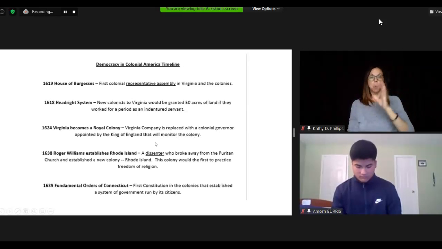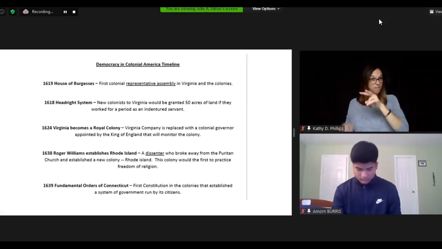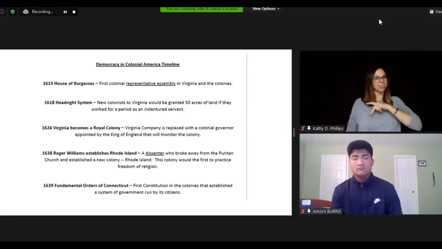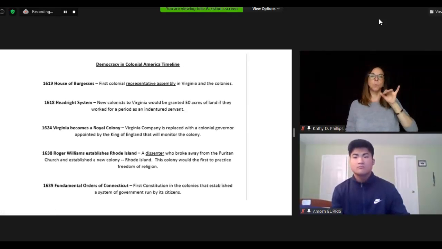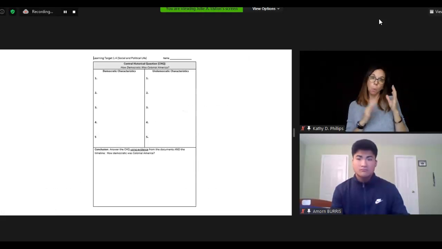All right, so are the colonists now in charge of Virginia? No, right? So that would be an example of something that is an undemocratic characteristic. Okay, does that make sense to everybody? I think so. I hope so.